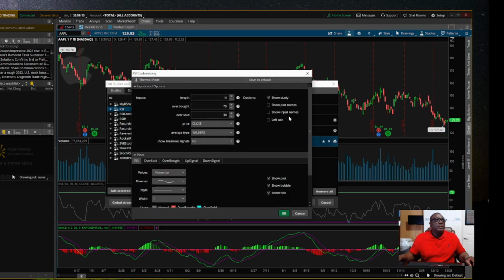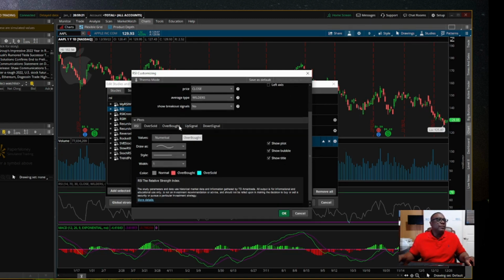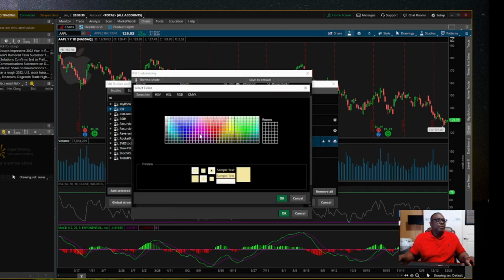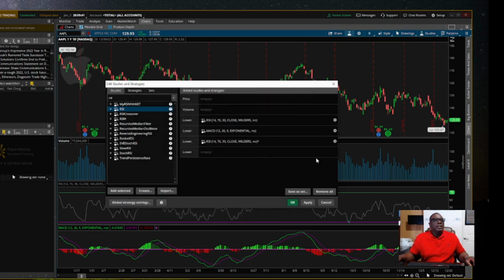So I go in, I like to change my overbought and my oversold lines to different colors. So you go to oversold, and you can click here, and you can select your colors. I always go to more and add a purple line, and then I'll go over to overbought, and I'll add my green line. And then all I have to do is hit apply, and it will add the chart.